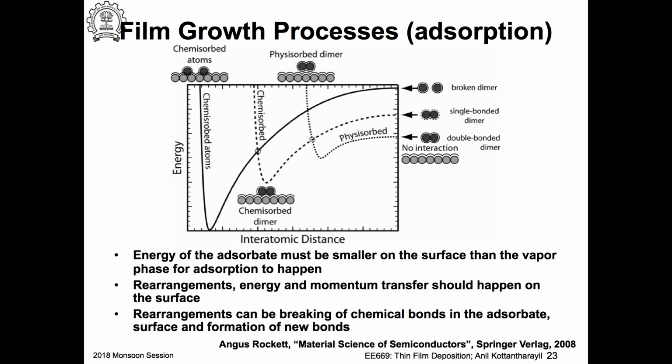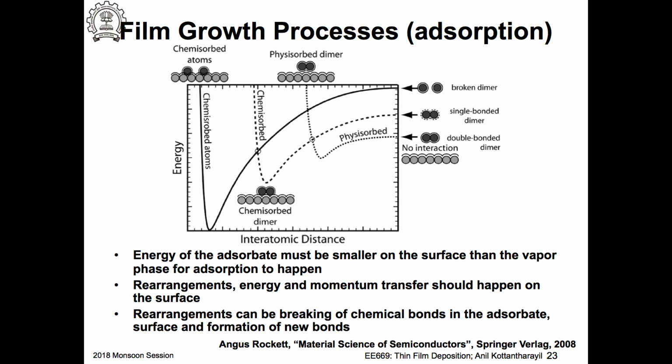So this can result in a lower energy. So the deposited film would make bonding with the surface, and the film would be more stable. Okay? And this is a stronger thing where you have already broken the dimer. So these are single particles like atoms, and they can get bonded very strongly onto the surface much more easily, meaning if there is a chemical reaction.